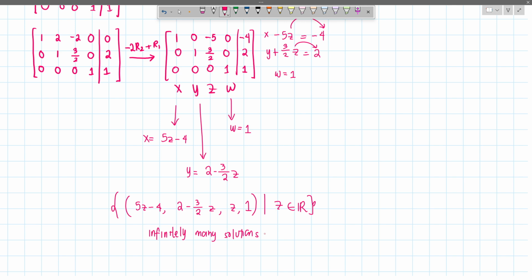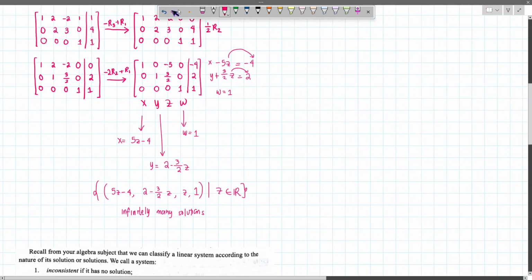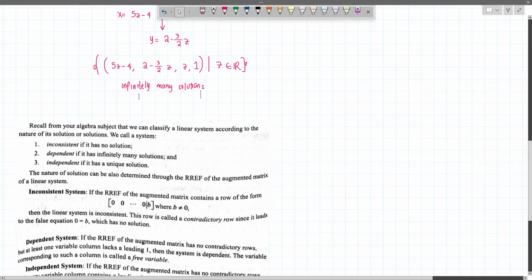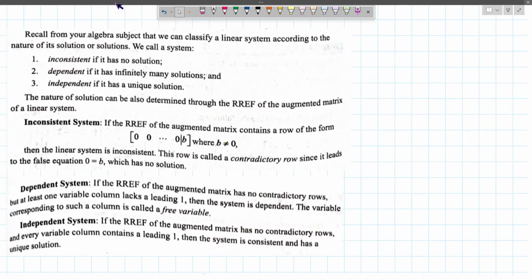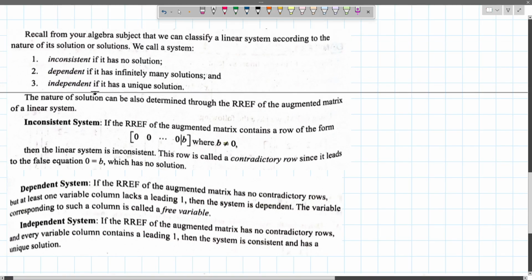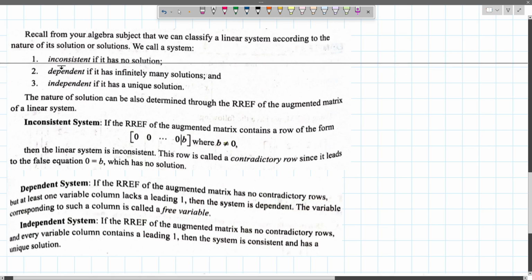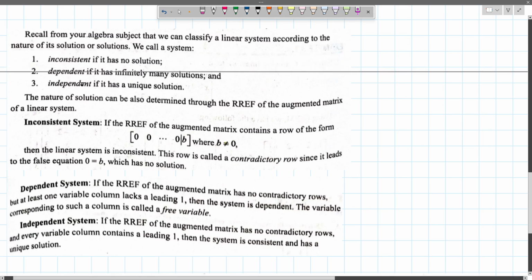A system of linear equations can have three types of solutions, as we've discussed also in junior high school. A system can be inconsistent, dependent, or independent. When we say inconsistent, we have no solution, so that's the empty set.